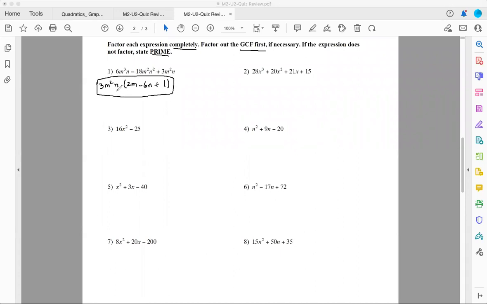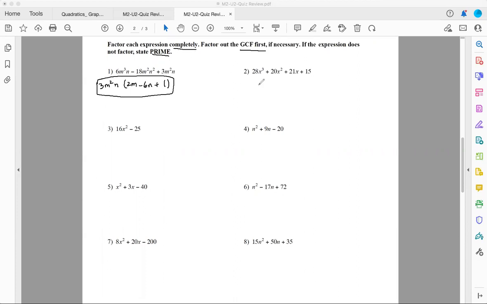Okay. Now, number 2 says 28x to the 3rd plus 20x squared plus 21x plus 15. Now, if you remember in class, we stressed the importance of this. When you see 4 terms, you're likely doing grouping.